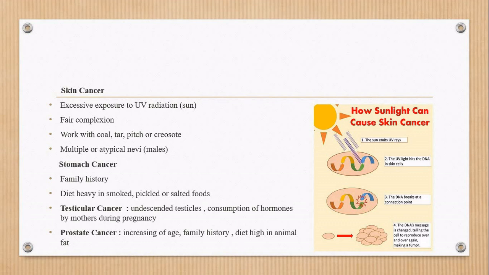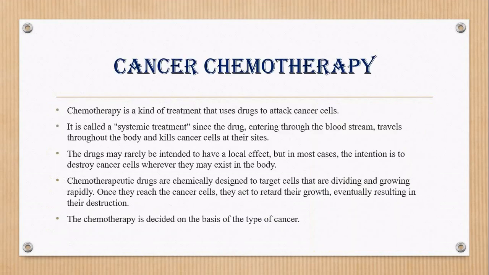Multiple or atypical nevi, males. Stomach cancer. Family history. Diet heavy in smoked, pickled, or salted foods. Testicular cancer, undescended testicles, consumption of hormones by mothers during pregnancy. Prostate cancer, increasing age, family history, diet high in animal fat.